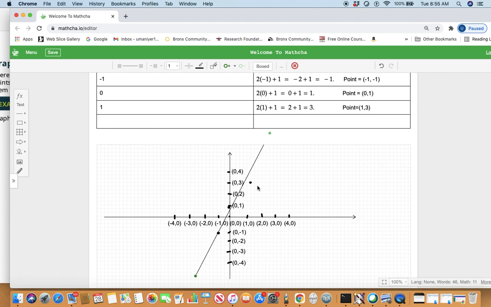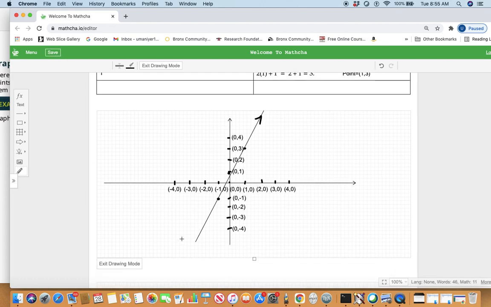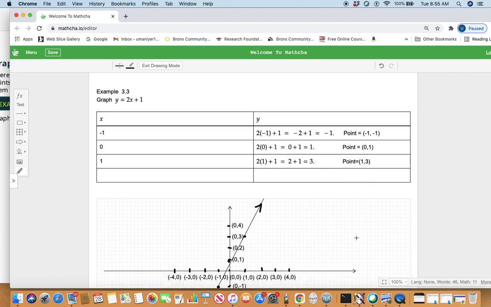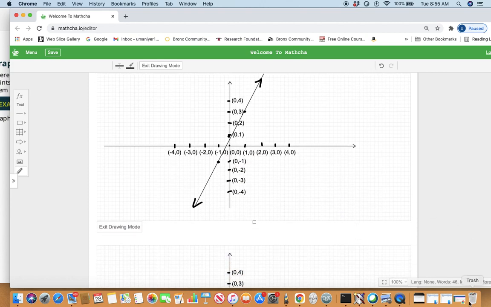If your points are evenly spaced, then you will not have the difficulty I'm facing right now. This has to be equal to this, then you get the correct line drawing. So that's your line. Remember, this is a line, therefore the two arrows. So that's your line y equals 2x plus 1. We'll continue in our next video.